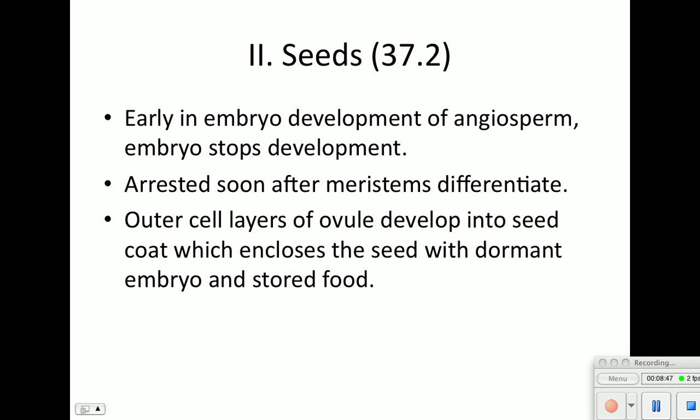Okay, so early in the embryo development of an angiosperm, so we're in flowering plants here, it will stop development. As soon as it's arrested, meristems will start to differentiate. Remember, meristems are kind of like stem cells for the plant. The outer cell layers develop into a seed coat. So we're producing seeds in our flowering plants that are going to be covered by an ovary soon. The seed is now enclosed as a dormant embryo, and it's kept as food.